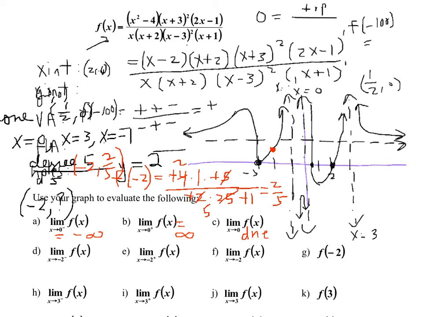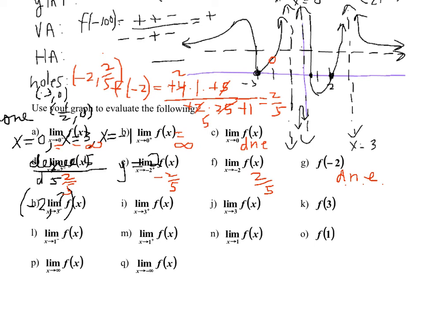Except I should make it look like a hole, which I haven't done here. Let's make it look like a hole because it's really a hole. So we're going to fix this drawing and put a hole in our graph. There we go. That's pretty good. Okay, so I've answered some more of these questions. You can see I got negative infinity, infinity, doesn't exist.